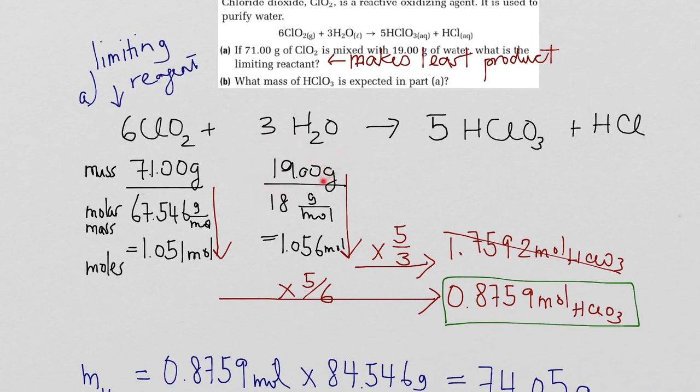So you cannot simply look at the mass of each reactant and say, oh, there is less mass for water, therefore it will be limiting. In this example, it's the opposite, right? You have less mass for water, you have a higher mass for chlorine dioxide. But when you finally calculate how many moles there are and use mole ratio to calculate how much product each of them can make, chlorine dioxide is the limiting reagent.